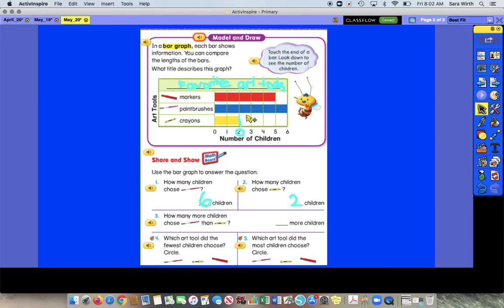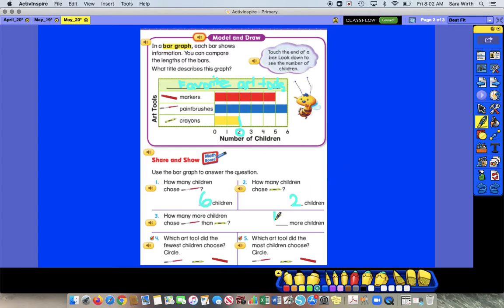So paintbrushes has 1, 2, 3, 4 more colored in than crayons. So we would write 4. Now if you wanted to do that as a subtraction problem, which is a really bright idea, ding, you would write how many paintbrushes, the biggest number first, 6 minus the number of crayons, 2, and then our answer is 4.